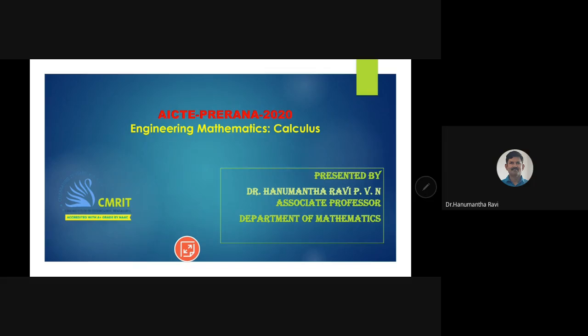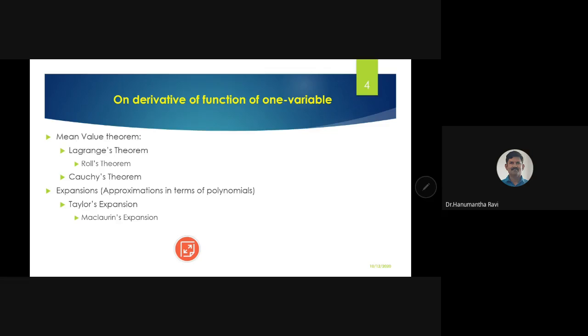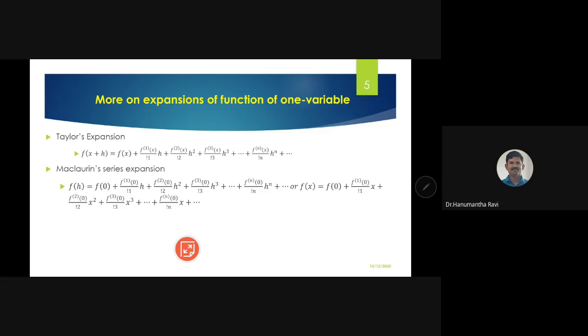See now, we are discussing already in previous classes. We discussed differential calculus, and in fact, we are discussing the chain rule, the use of chain rule, and Euler's theorem.